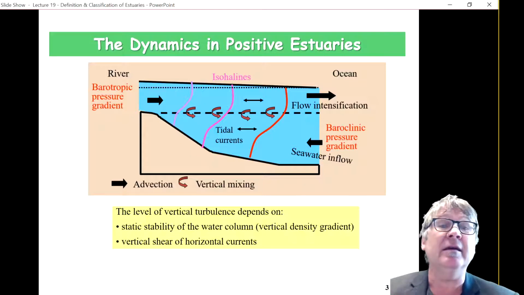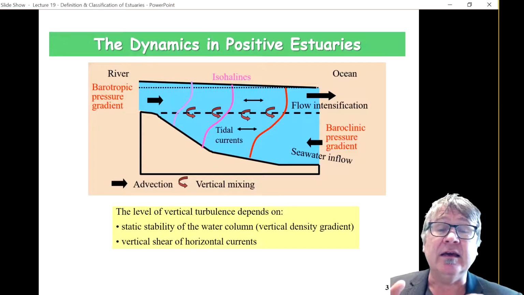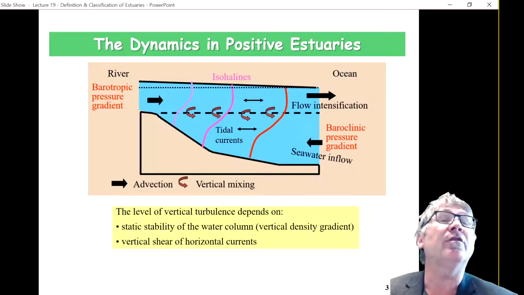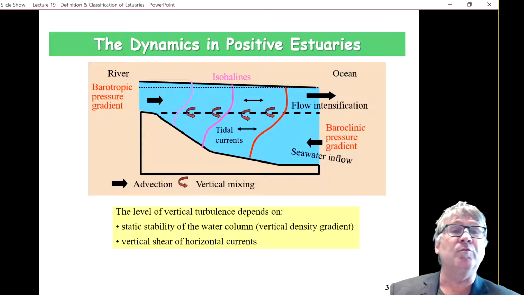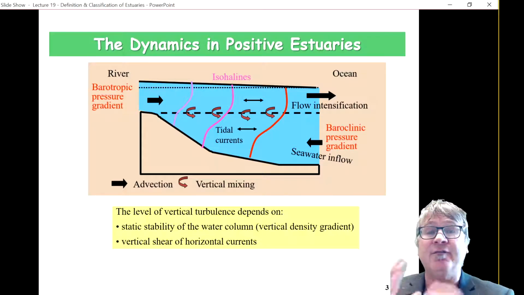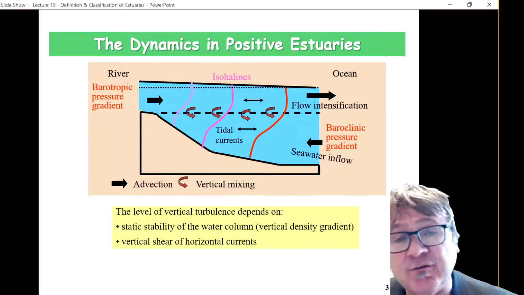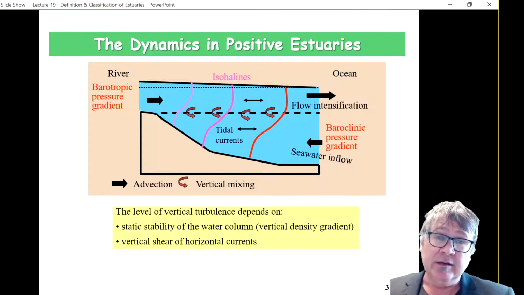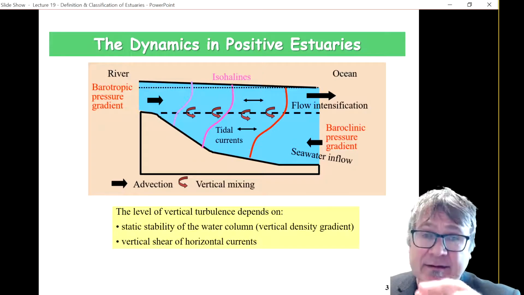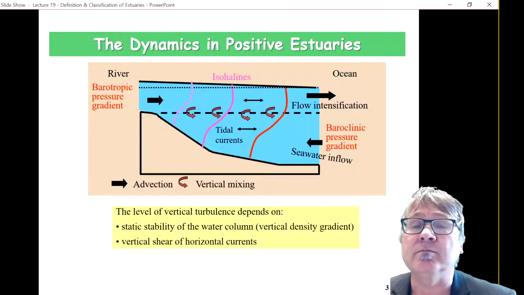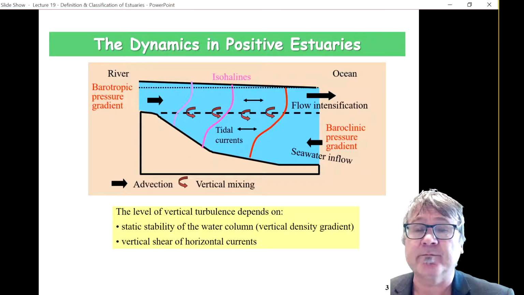And the mixing is mainly associated with the tidal flows. Tidal currents are currents that move water in and out of an estuary, and via the interaction with the seafloor create turbulence, and they mix, okay, to some extent, partially mix the surface and the bottom layers.